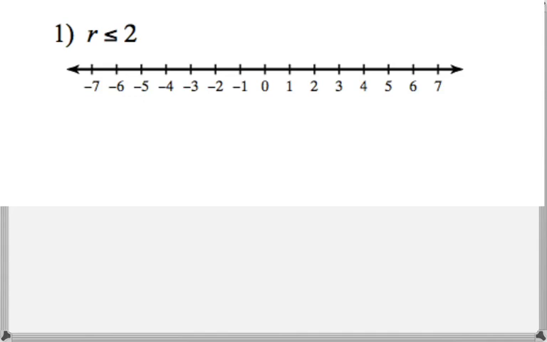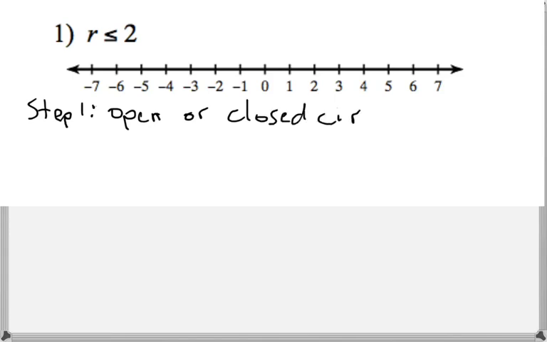Our first step is we need to determine whether we need an open or a closed circle. So step 1, I'm going to abbreviate and just say open or closed circle. You're determining which one.